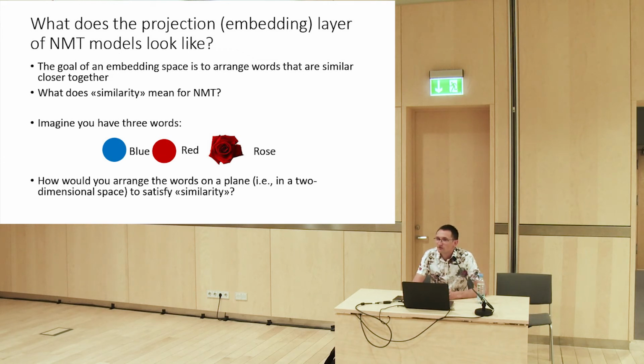The task of word embedding is to place a word in a multidimensional space. If we have a 2-dimensional space, that means placing the words on a plane. So if we have 3 words, the task of embedding is to figure out where to put them.